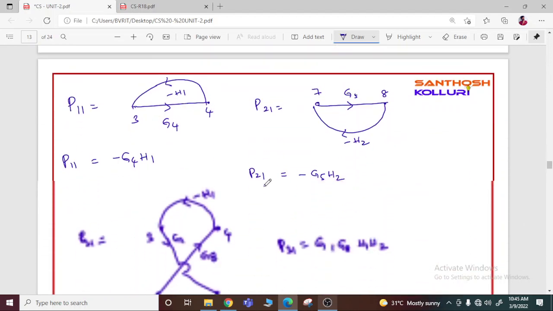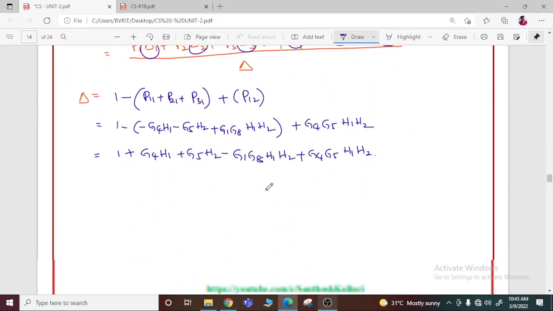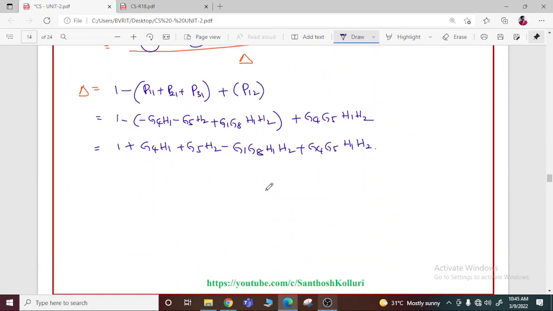are equal to 1. So if you substitute there, I am writing here delta 1 is equal to 1 minus of the part of the graph which is non-touching with this, which is G5H2 individual loop gain. So I can write here 1 plus G5H2.